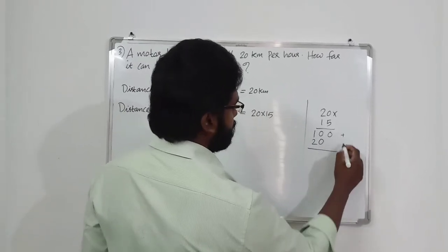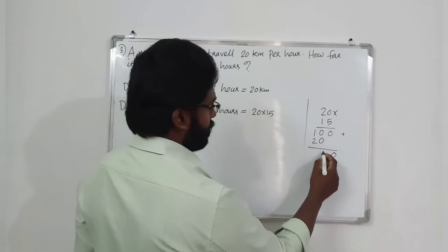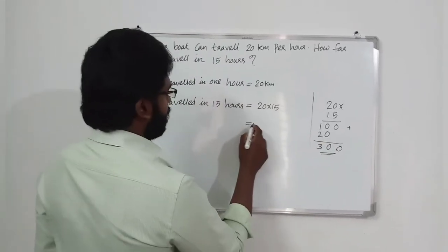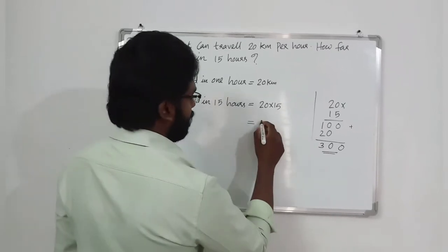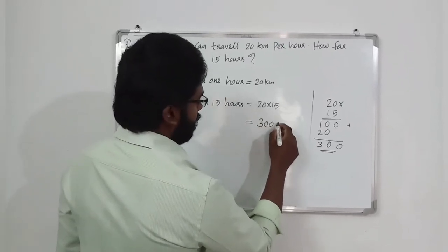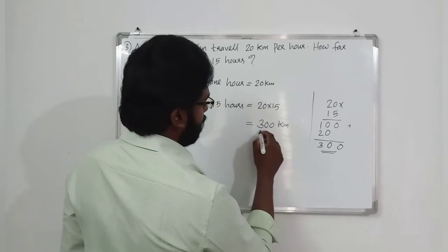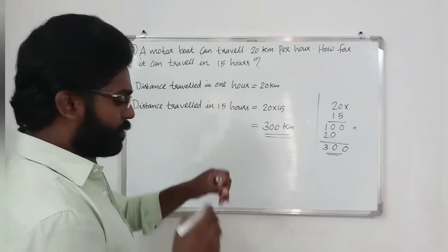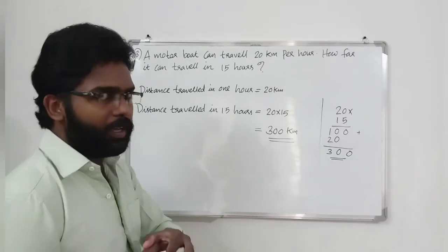Then we add: 0, 0 plus 0, 0, 2 plus 1, 3. So in 15 hours it can travel 300 kilometer.